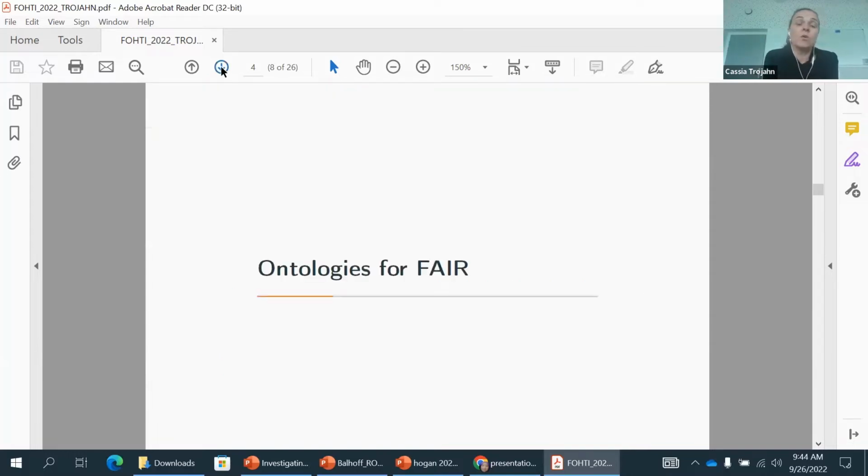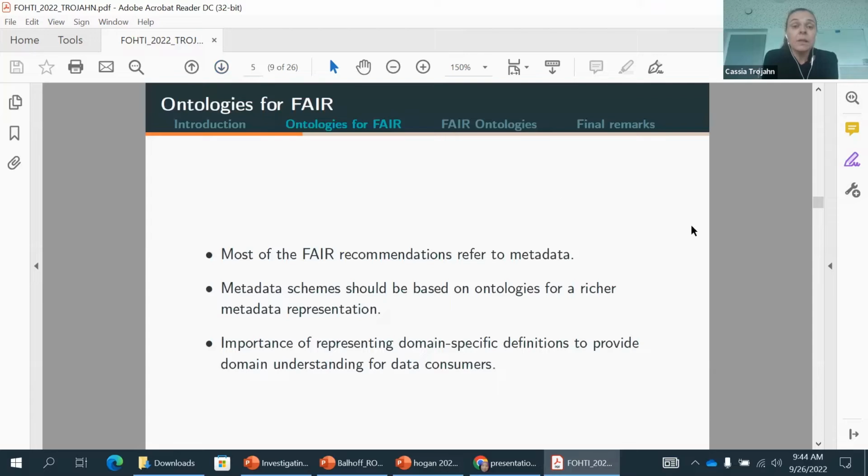First of all, ontologies for FAIR. As already stated in many works and recommendations, many of the FAIR recommendations are based on metadata. You need to describe data with rich metadata. But what is rich metadata? That is a discussion that can take longer.